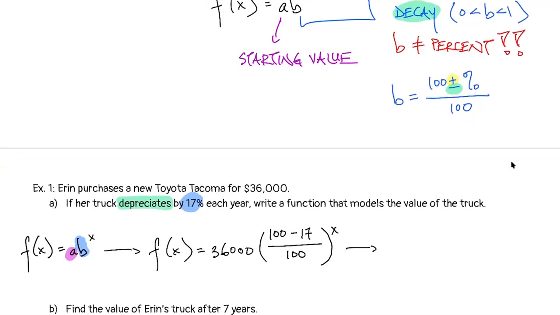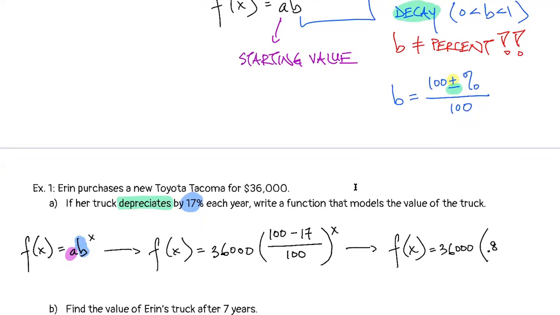Let's clean this up a little bit. F of x equals 36,000 times, when I do 100 minus 17, and then I divide by 100, what value do we get? Yeah, 0.83, okay?